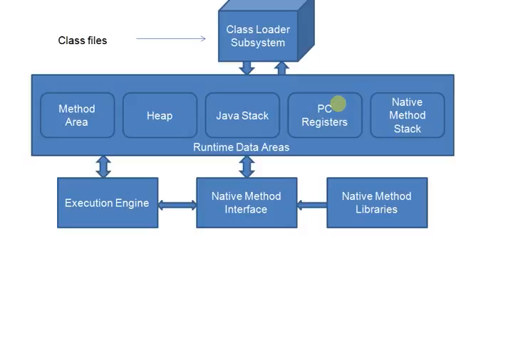Layer 2 is the runtime data areas, which is divided into 5 different subcomponents, that is method area, heap, Java stack, PC registers, and native method stack. And layer 3 contains the execution engine, native method interface, and native method libraries.